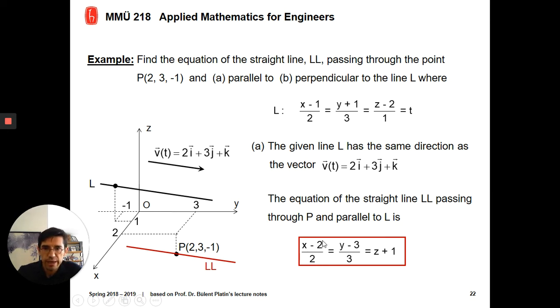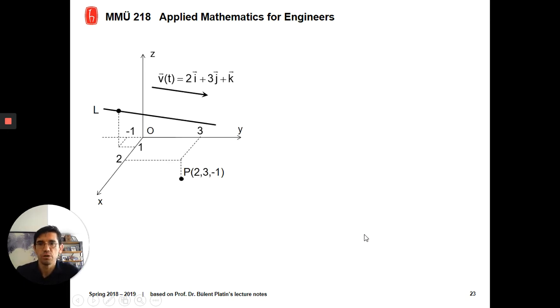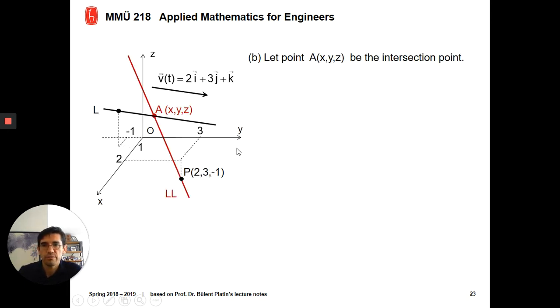It will be x minus 2, y minus 3, z plus 1, which is represented here. So next up, we have another example, or the same example continues with another question.